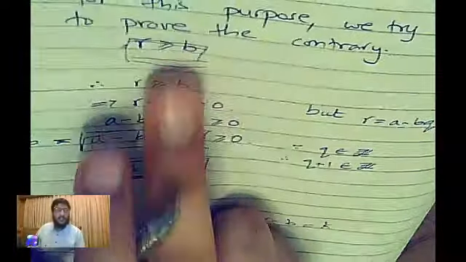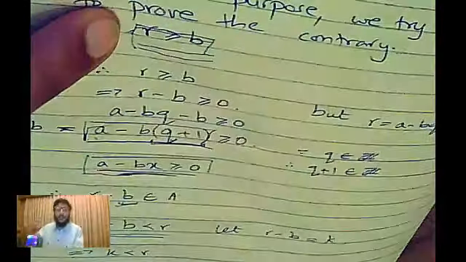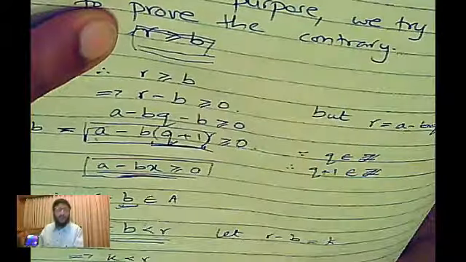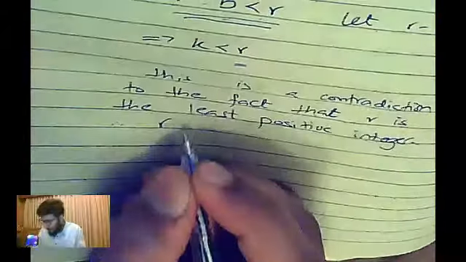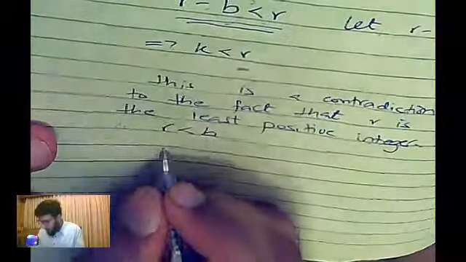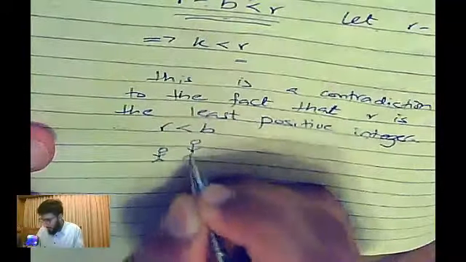Therefore, since all of this was proven wrong, this contrary supposition is also proven wrong. If r is not greater or equal to b, then what can r be? It should always be smaller than b. Therefore, r is smaller than b. It's like saying that I have two men, okay, this and this, right?